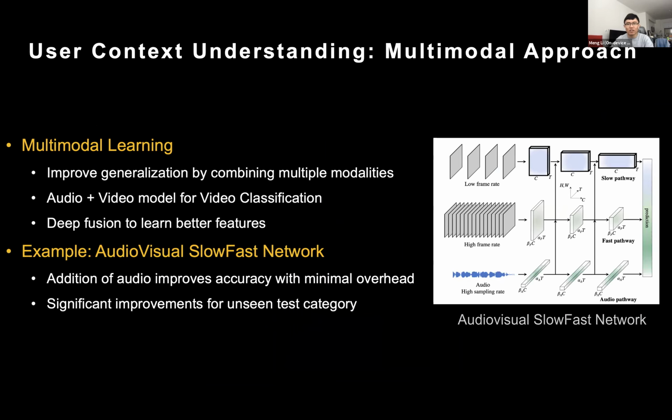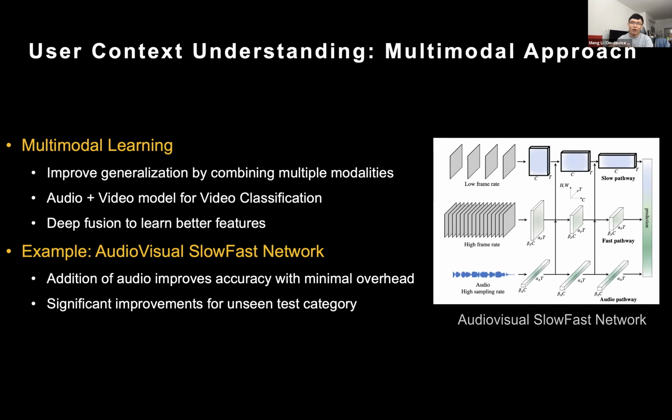This multimodal approach not only helps with the efficiency of the pipeline, in fact, it also helps with the accuracy of the pipeline by improving the generalization of the model. Here on the right-hand side, we show a paper from Facebook AI Research called Audio-Visual SlowFast Network.